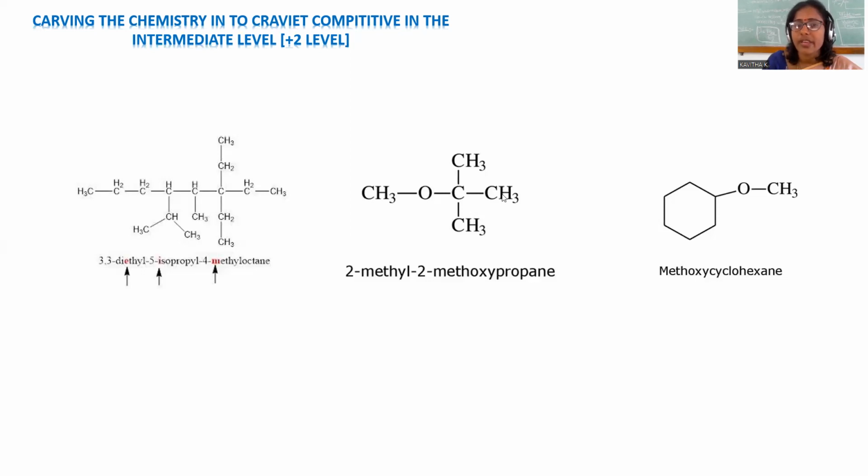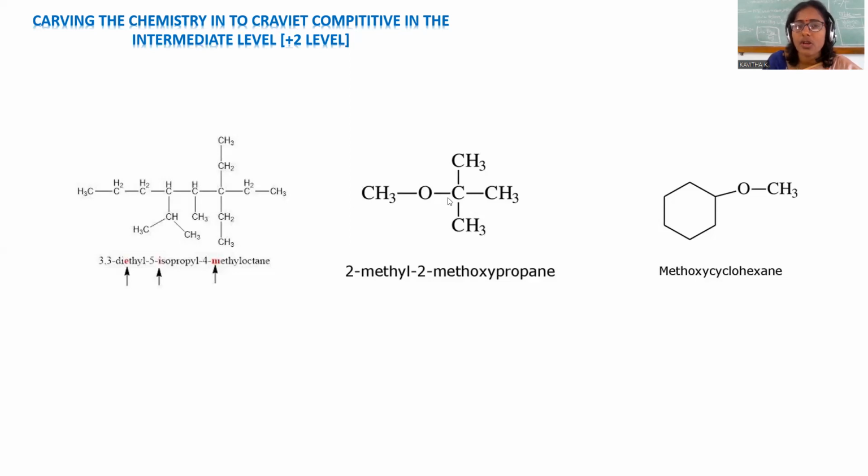On this propoxy we have first, second. The second carbon has a methyl, so we mention 2-methyl. And moreover, oxygen is also there on that second carbon, so 2-methoxy. So alkoxy alkane you can mention, no?